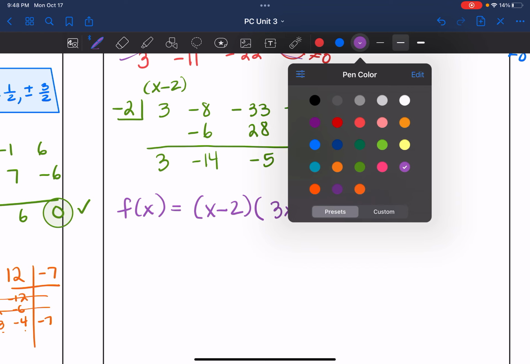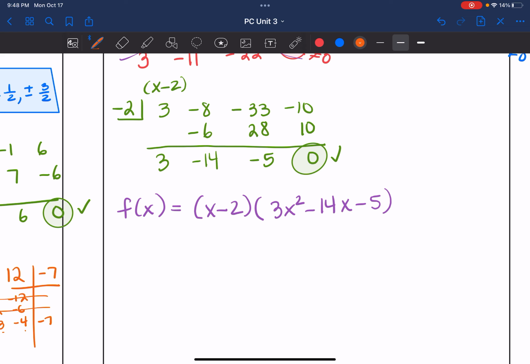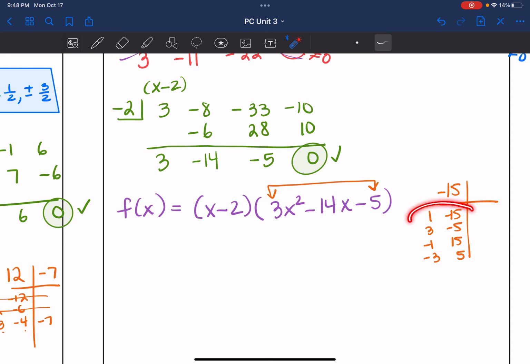So we're going to get the first and the last number. So that would give me -15. If I get factors of -15, so 1 and -15, 3 and -5, -1 and 15, and -3 and +5. So it kind of looks like I did the same thing twice, but all I did was change where I put the negative sign. I need it to equal -14 when I'm adding.